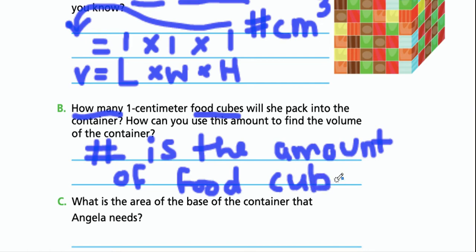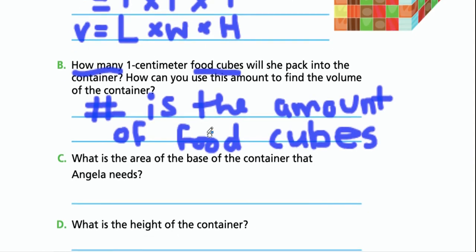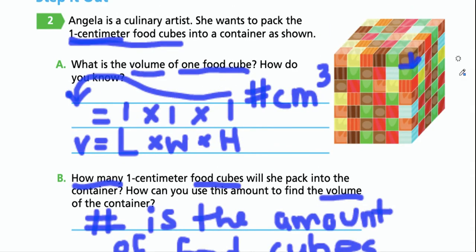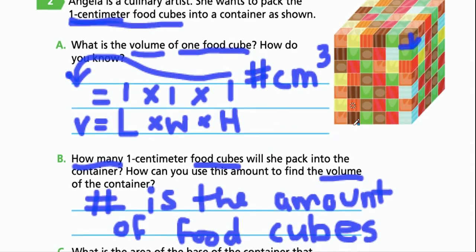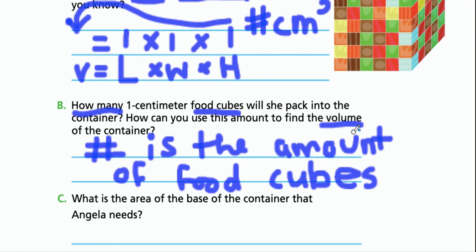Sorry, I don't want to spend too much time on this because that's one part of the question. The second part of part B says, how can you use the amount of food cubes to find the volume of the containers? Here it's not really looking for what the volume is, it's just asking how can you use the information of how many cubes we have here to help you find the volume of the containers.